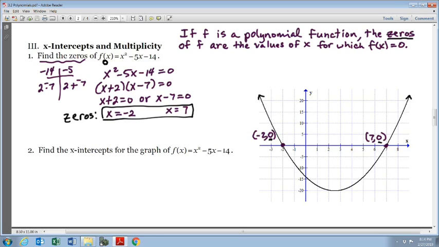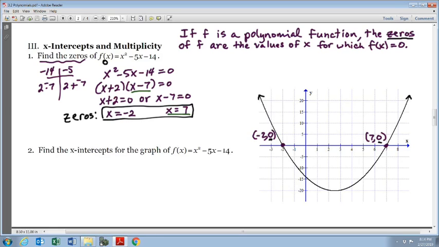In fact, there's 3 things going on here that we can say. First of all, if I work backwards with what we have here, notice we have x minus 7 as a factor. We could go either direction with this. I know if x minus 7 is a factor of this polynomial, that x equals 7 will be a 0.